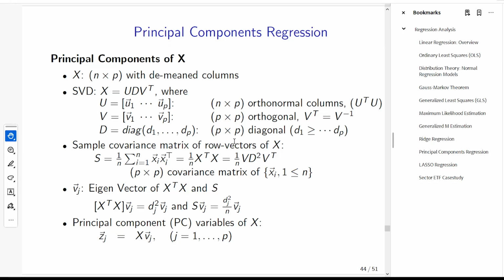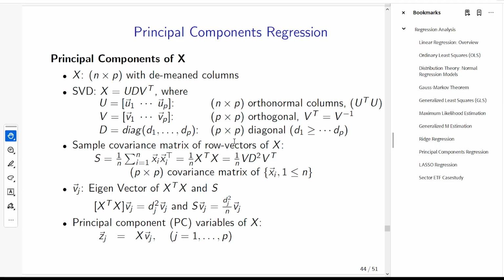We introduced ridge regression using the singular value decomposition of X, but we can motivate principal components regression using the same singular value decomposition. With our predictor matrix X, we consider the sample covariance matrix of those row vectors, and we can compute the eigenvalue, eigenvector decomposition of that.